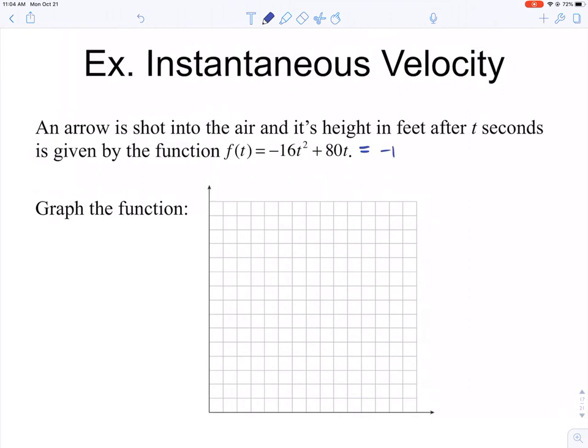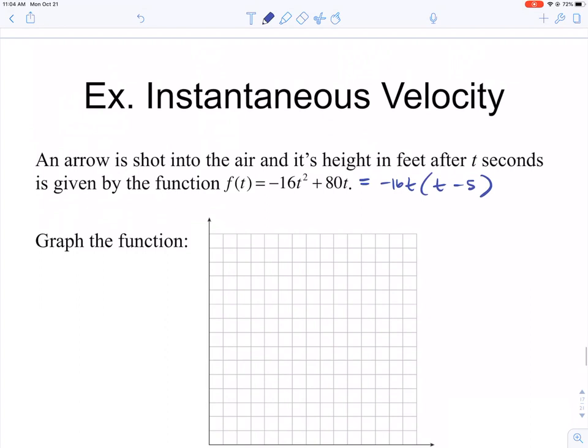So we can actually factor out negative 16t, that's the GCF, and then we'll be left with t minus 5. So we can see that the solutions to the equation negative 16t times t minus 5 would be t equals 0 and t equals positive 5.